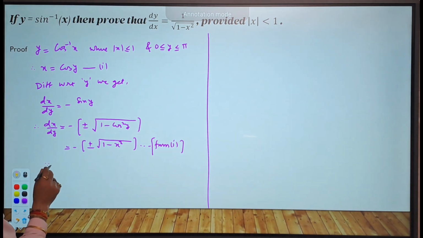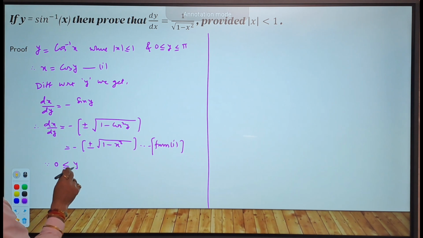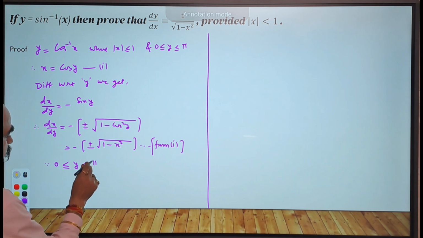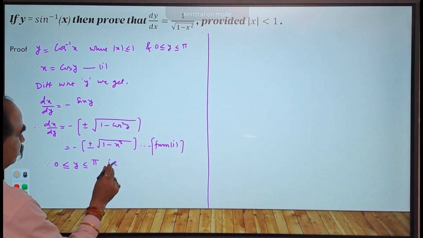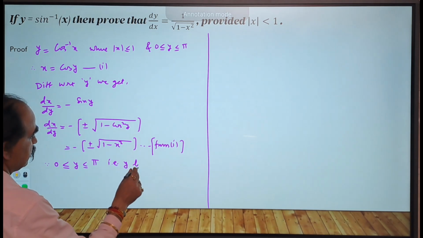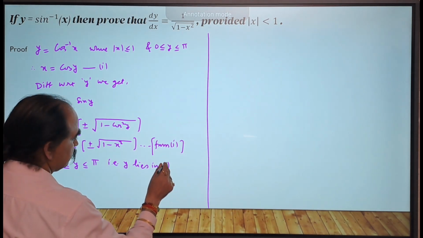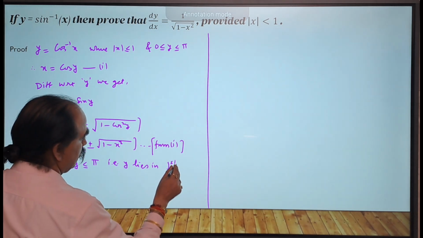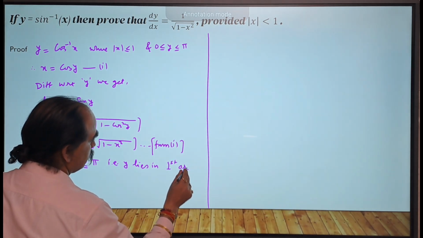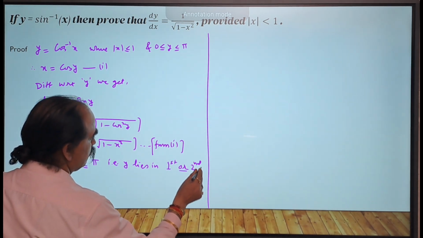Since 0 less than or equal to y less than or equal to pi, that is y lies in first or second quadrants.